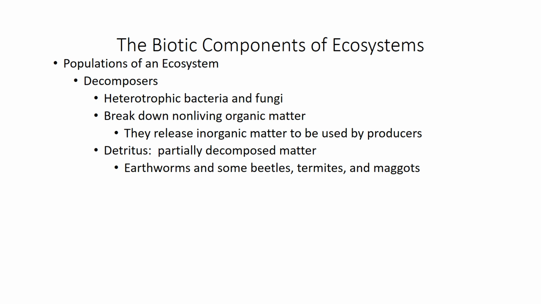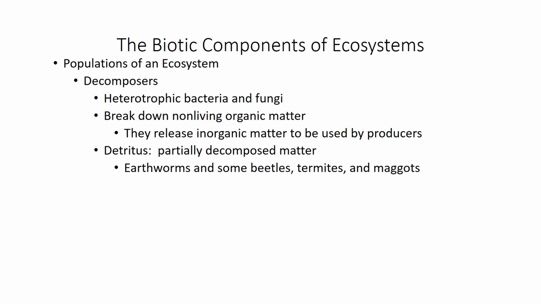Now, in an ecosystem, you can also have decomposers. Decomposers play a really important part in the food chain and in our environment because they help break down things that are dead. Okay, they eat or help digest partially decomposed matter. They also release inorganic matter to be used by producers.